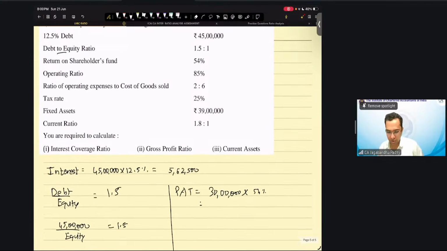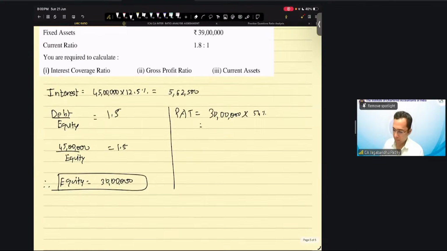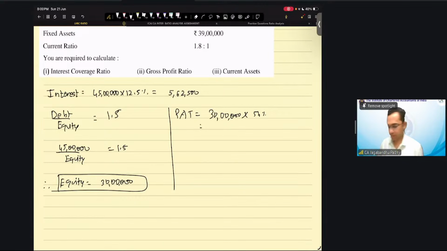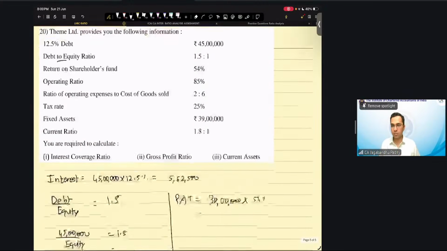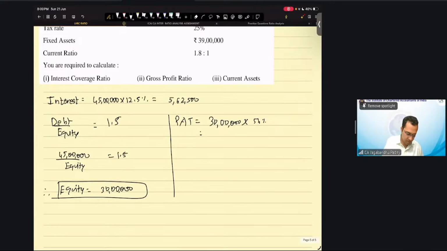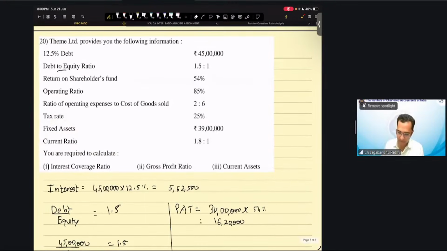How much is this value? 30 lakh into 54%, which is 16 lakh 20,000. That's your profit after tax.